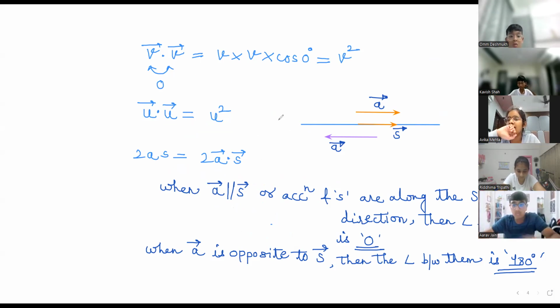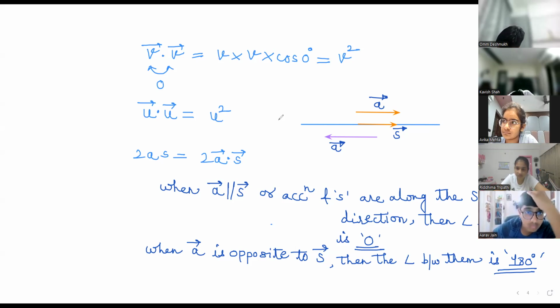Why we have written this. हो गया? Sir, can you explain the 2as part?